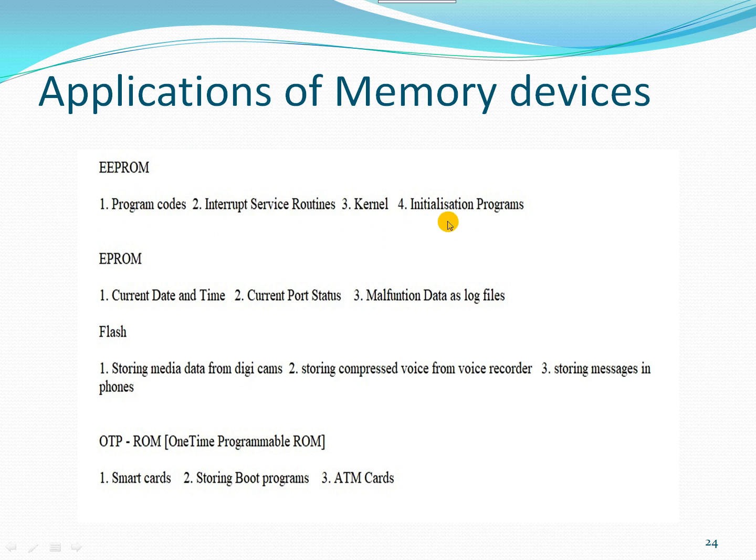And then the initialization programs also. For embedded systems, whenever we need to restart and reallocate a particular embedded system, we need to have the initialization of the peripheral devices. So those kinds of initialization programs can be stored inside EEPROM memory chips.